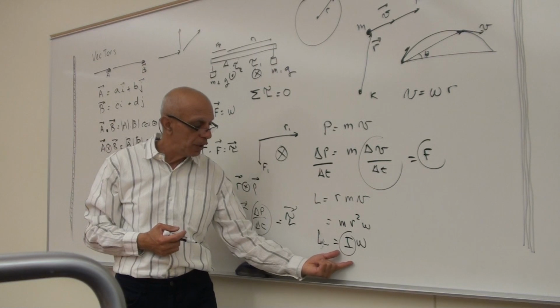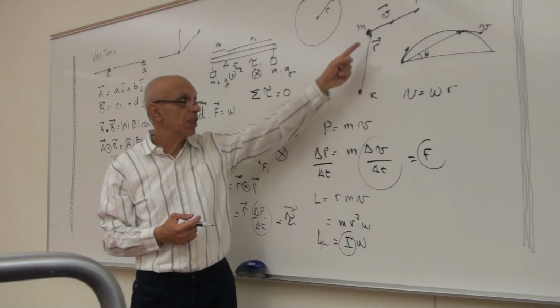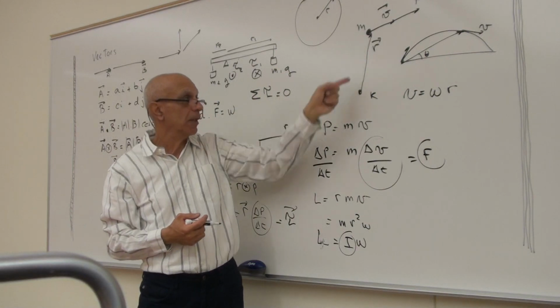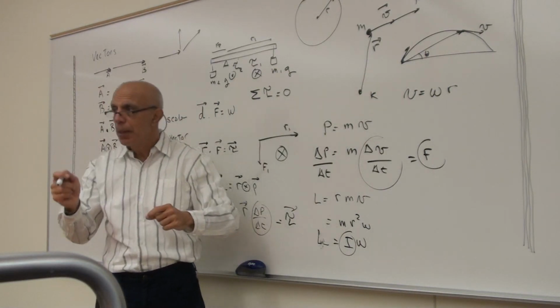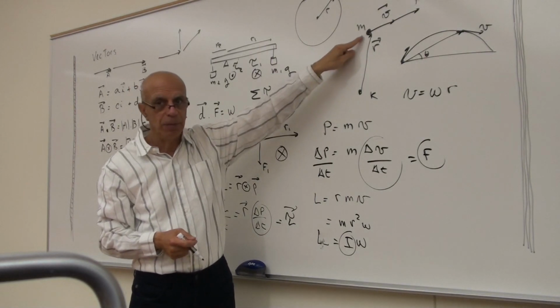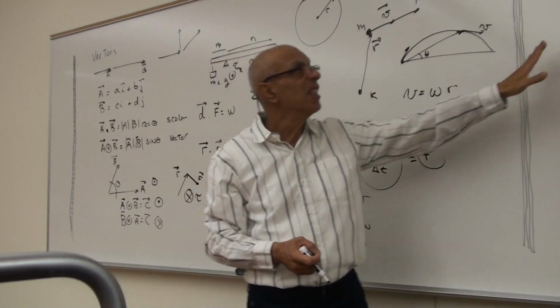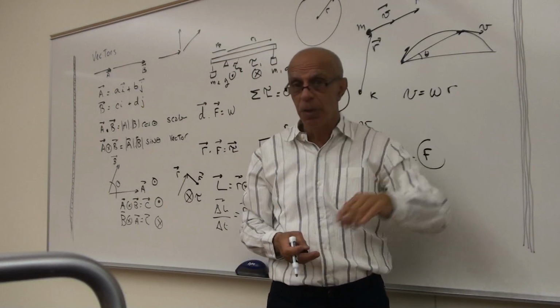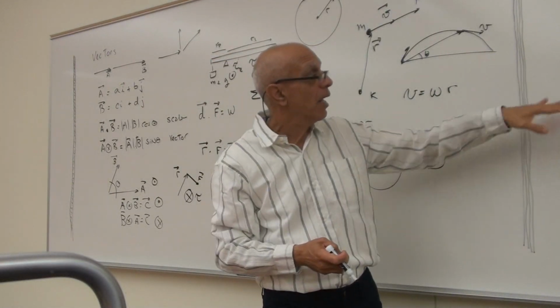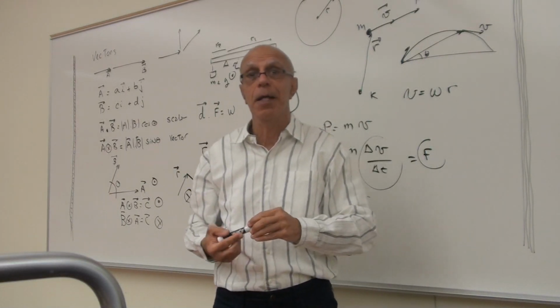Now, if the moment of inertia is just a piece of mass hanging with a string, you just calculate the mass times the radius squared. If it's a solid, the moment of inertia has a different formula, and you have to use calculus to calculate that.